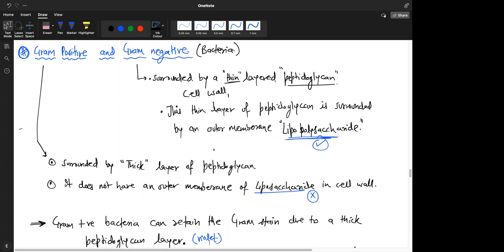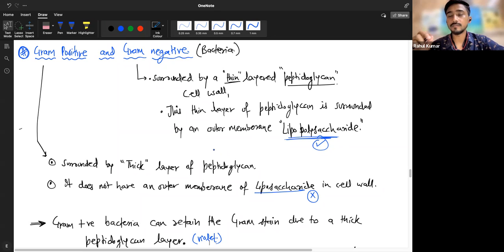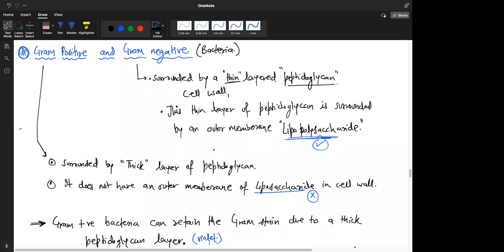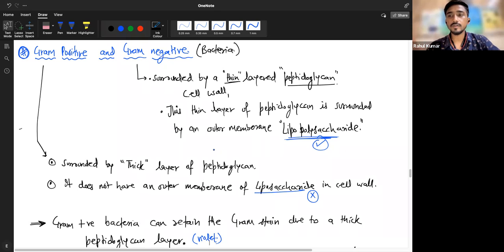Everywhere, the whole internal lining of our body is covered with mucus. The nasal cavity, the mouth, the food pipe, the windpipe, the lungs, even the stomach. Stomach has a very thick layer of mucus, which prevents the stomach from HCl, right? Then in the intestines, large intestine, we have mucus all around.